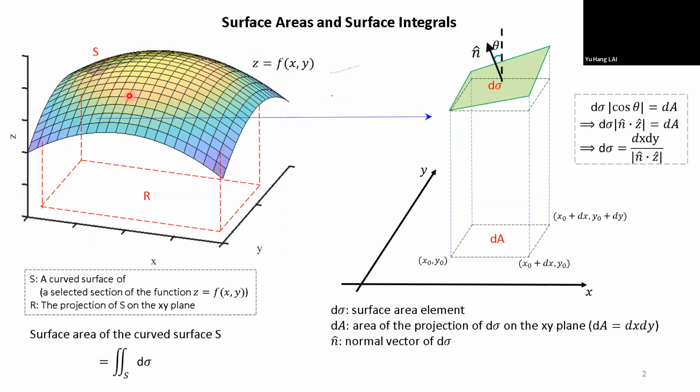Suppose I set this boundary here, you can see that I set this R. What this R means is, suppose I project this curved surface on this plane, then I get some region here, this R. That means I want to find, within this region R in the xy plane, what is the total surface area of S directly above this region R.